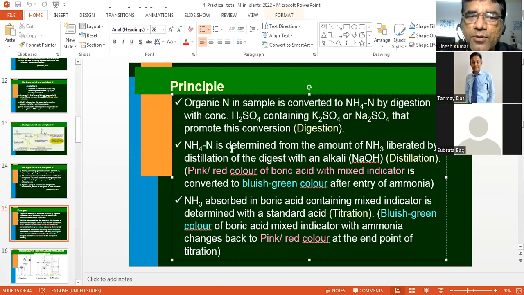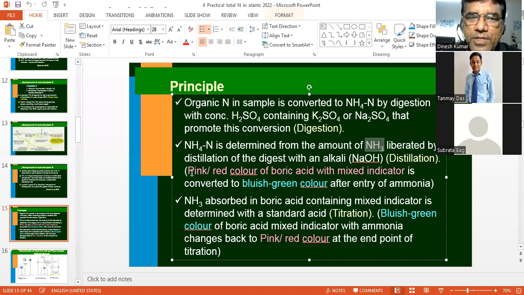Ammoniacal nitrogen is determined from the amount of ammonia liberated by distillation of the digest. The digest is your material in the Kjeldahl flask where you have used sulfuric acid and the digestion accelerator. Then you use alkali, that is sodium hydroxide, for distillation.